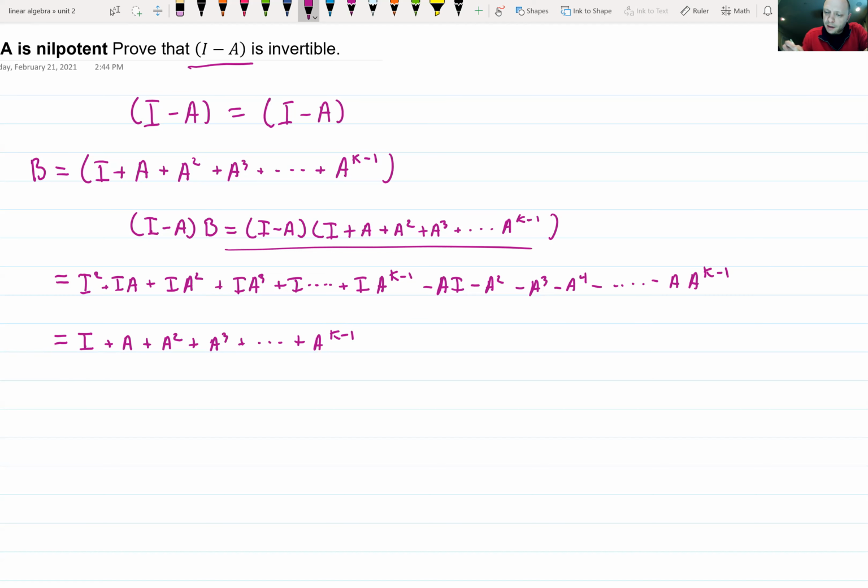And then for this side, it's going to be minus A squared, minus A cubed, minus, and A to the 4th power is going to go in the dot dot dots, just because of the powers all the way up to minus A to the K minus 1. Okay, so now we're going to focus in on how we can simplify these, because as we can see, this cancels.